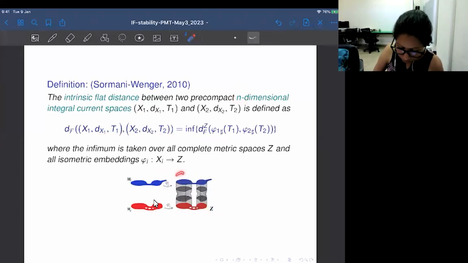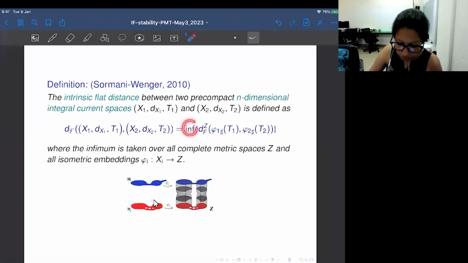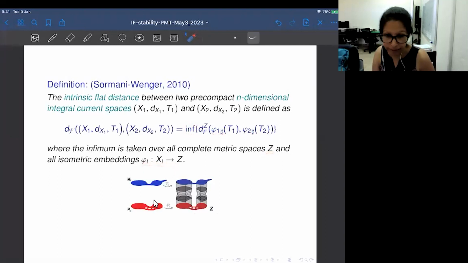Once we are in Z, one has to calculate the flat distance of the push forwards of the currents, phi_1 push forward T_1 and phi_2 push forward T_2. And the infimum here will be taken among all complete metric spaces Z in which one can embed the spaces X_i. So this is the distance.